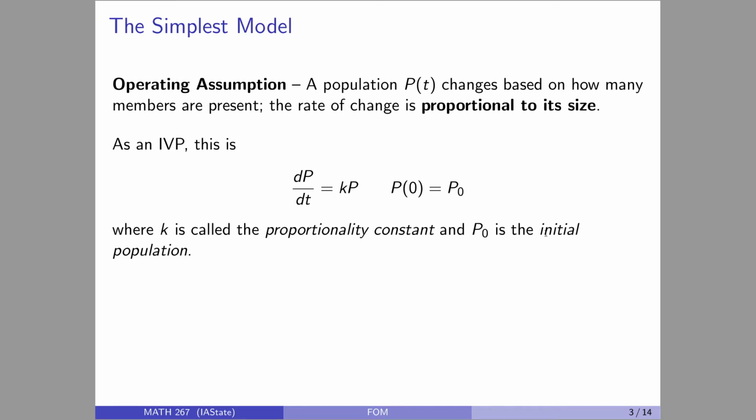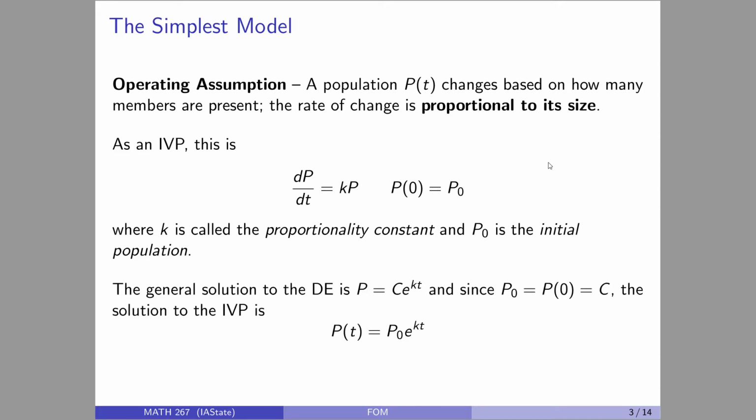And P naught is what we'll call the initial population, that is, P of 0. So we have an IVP with two unknown parameters, k and P naught. That doesn't stop me from solving it, because the only thing that would solve this is a constant times e to the kt, and plugging in 0 just gives me the unknown constant, which would be the initial population, and so this IVP always has this solution.